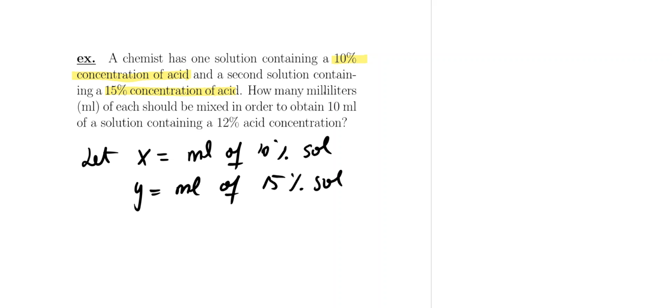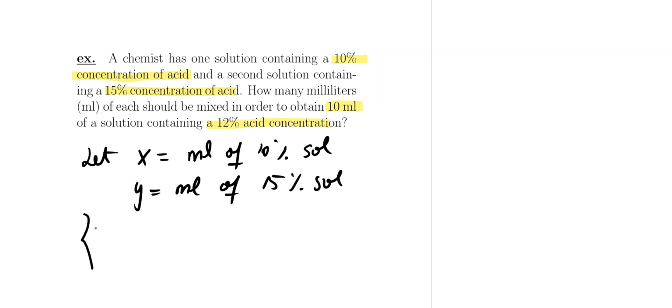Because this is what we're asked, how many milliliters of each should be mixed in order to obtain 10 milliliters of a solution containing 12%. So we're mixing X milliliters of 10% with Y milliliters of 15% to obtain 10 milliliters of 12%.